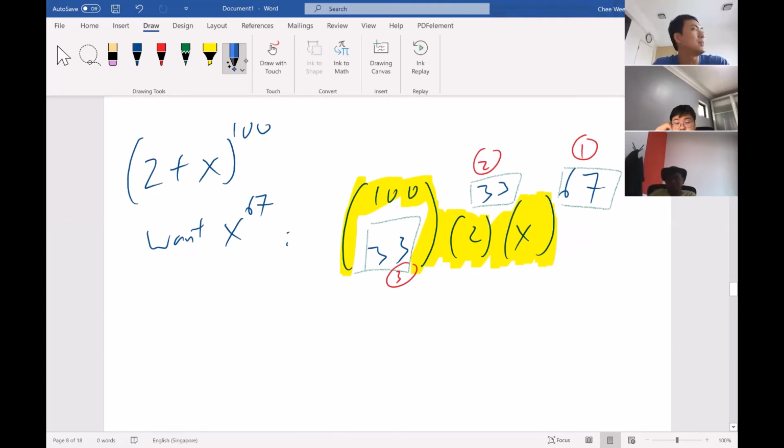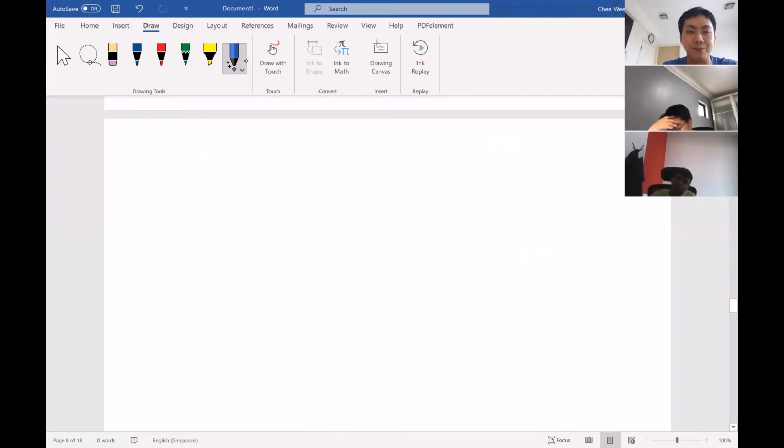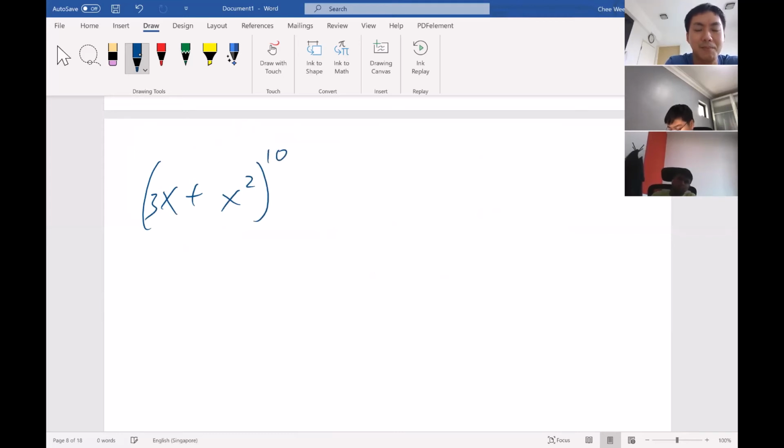Okay, so the examples that I've given thus far are when x is only in one of the terms. It will not always be the case like this. Sometimes there is a twist where there is x present in both terms. So for example, like this, (x plus 3x plus x squared) to the power of 10.